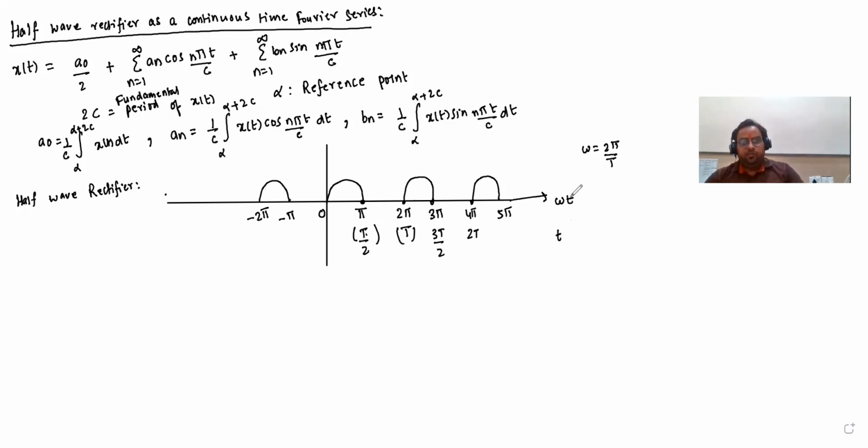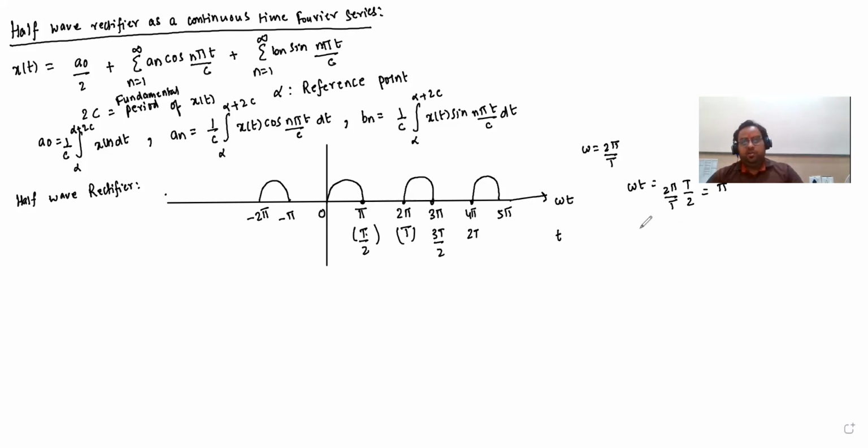But when we are plotting it with omega t, this becomes pi, 2 pi, and so on. If we substitute t equal to T by 2 in omega t, with omega equal to 2 pi by T, this comes out to be pi.